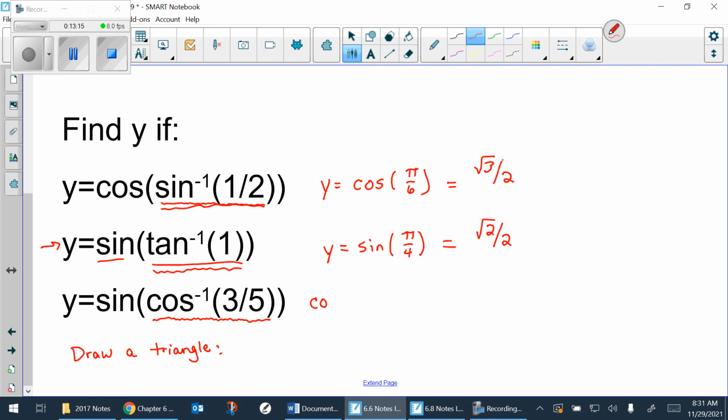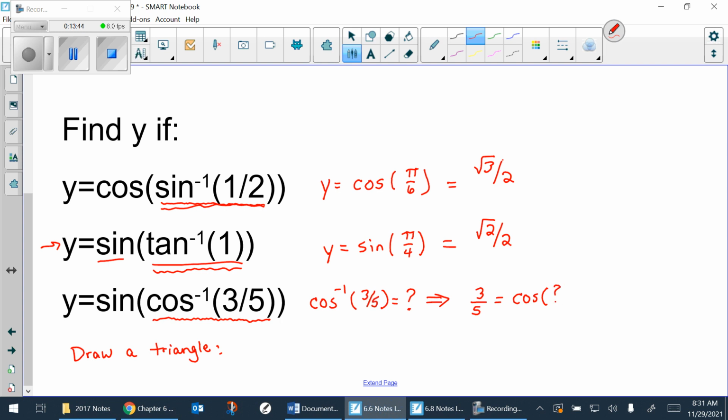Cosine inverse of 3/5 is equal to, I don't know what it's equal to, which would lead me to say that 3/5 is equal to the cosine of some angle.